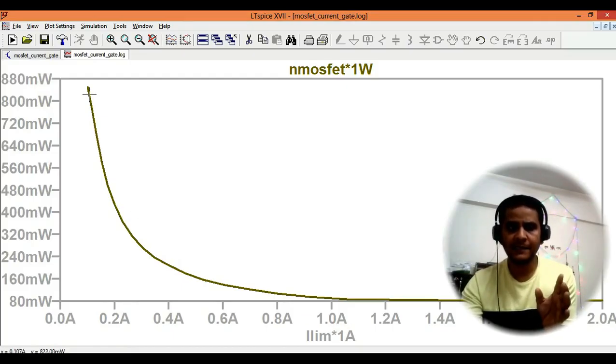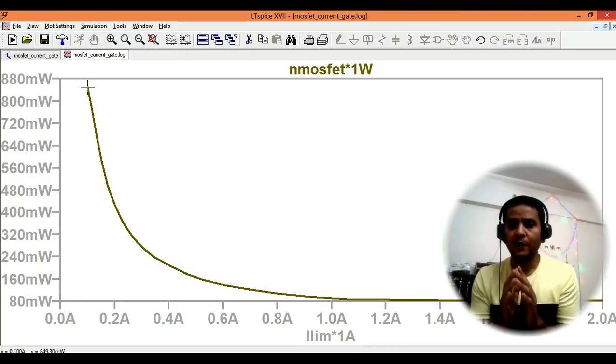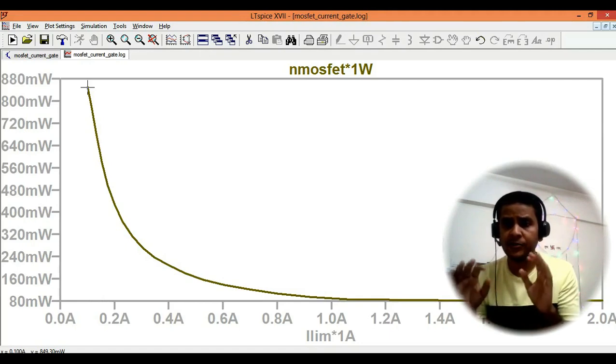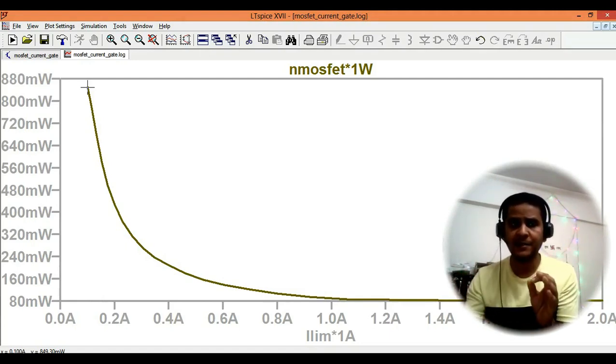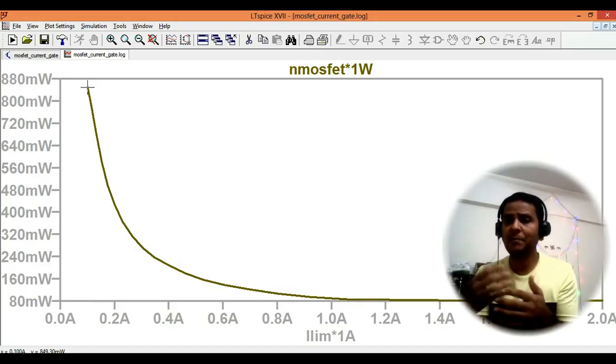What you can see here is, at this point, what is the current? This current is around 0.1 ampere, that is 100 milliampere. If your gate current is 100 milliampere, in your MOSFET you have the maximum power dissipation.